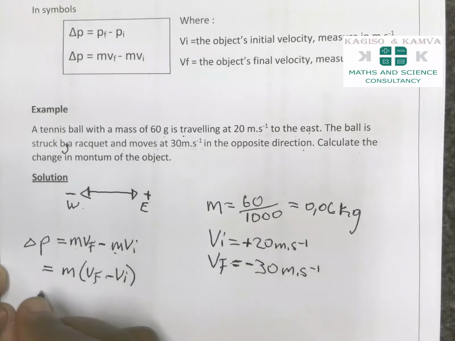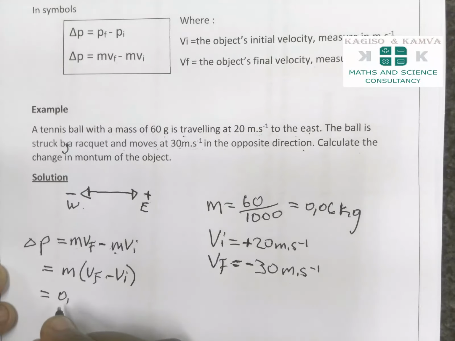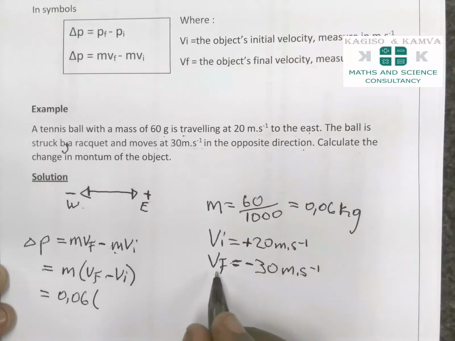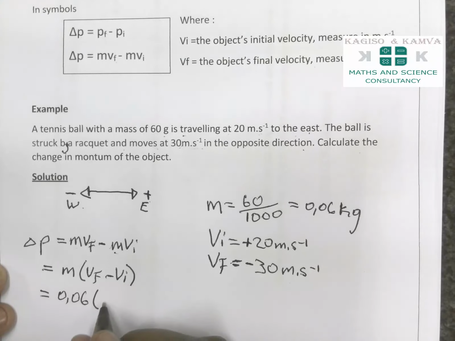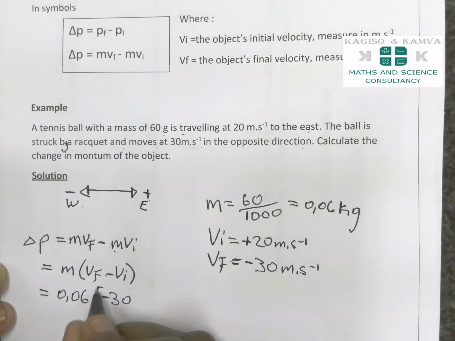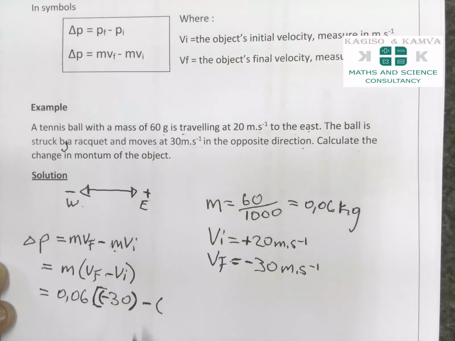What is the mass of the ball? 0.06 into the final velocity, negative 30, minus vi, which is positive 20.